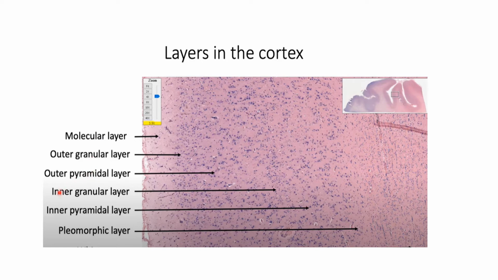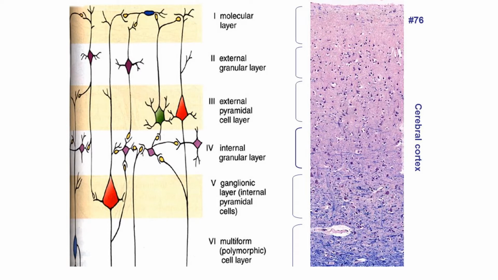Now again we have inner granular, inner pyramidal and pleomorphic. That is how you can remember these layers. The outermost molecular layer, external granular layer, external pyramidal layer. Outer pyramidal or external pyramidal, one and the same thing.